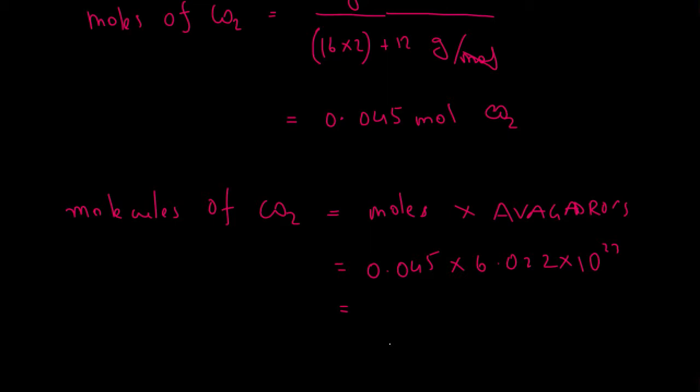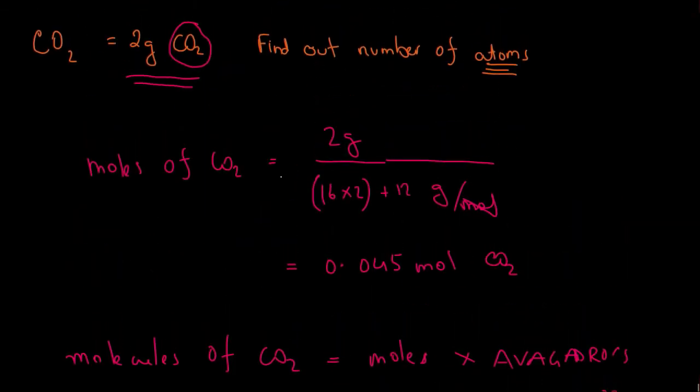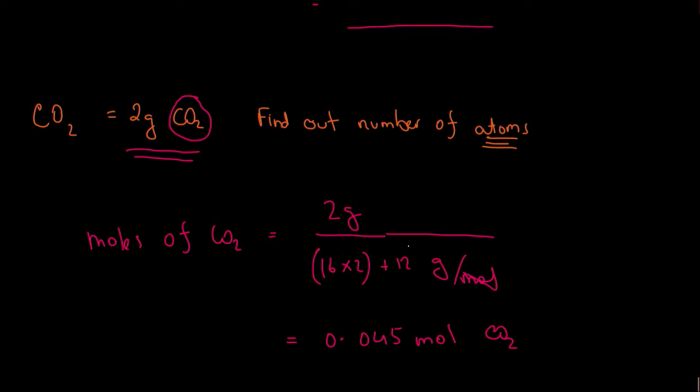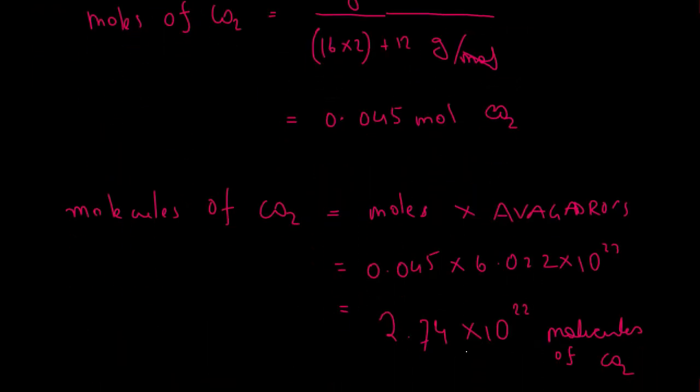So this is going to be 2.74 times 10 to the power 22. And this is the number of molecules of CO2, because you have used the mass of the molecule. So the mole you figure out is the mole of the molecule, and the number of particles you figure out is going to be the number of molecules.